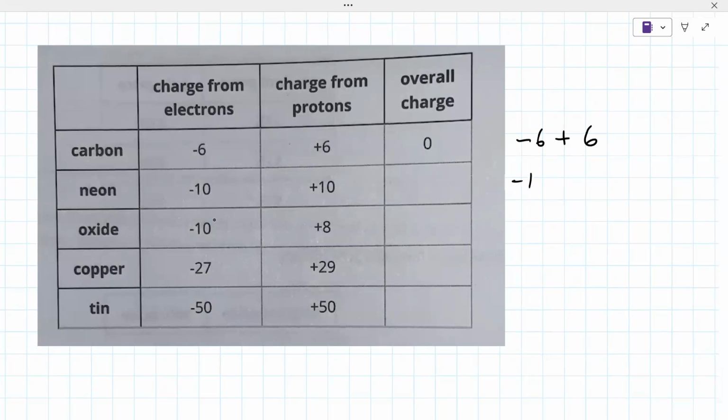So the next row would be minus 10 plus 10. What does that become? 0. 0. How about minus 10 plus 8? Minus 2. Okay, keep going, work on the rest.